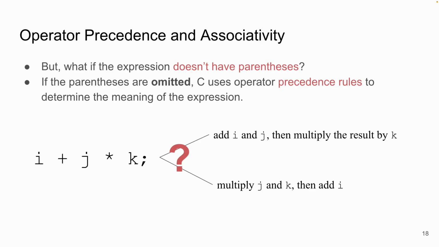So if we don't have any parentheses in our expressions, then how can we know how C interpreted this expression? So actually, C will use operator precedence rules to determine the meaning of the expression. So first, I want to introduce what the operator precedence rule is here. And if you understand the operator precedence rule, it can help you to understand others' code better.